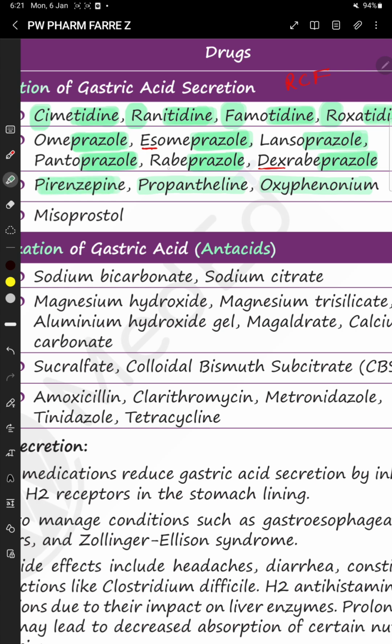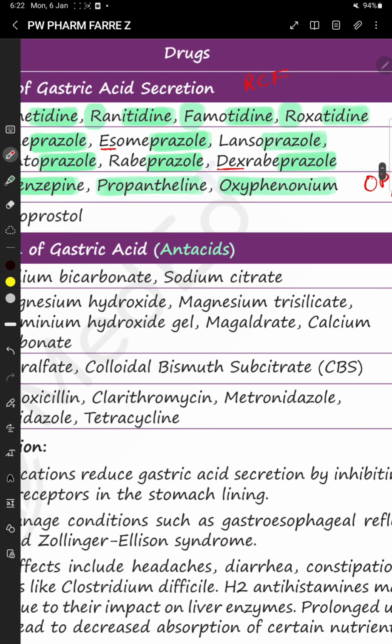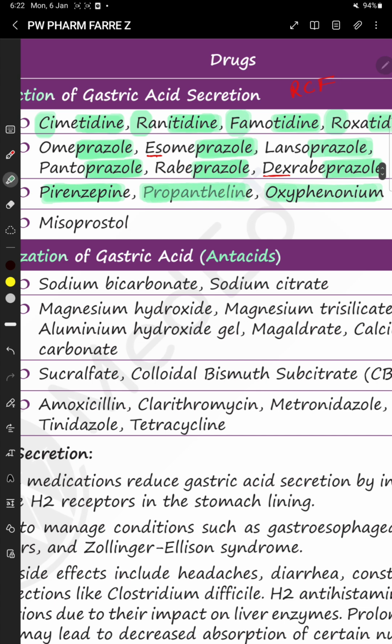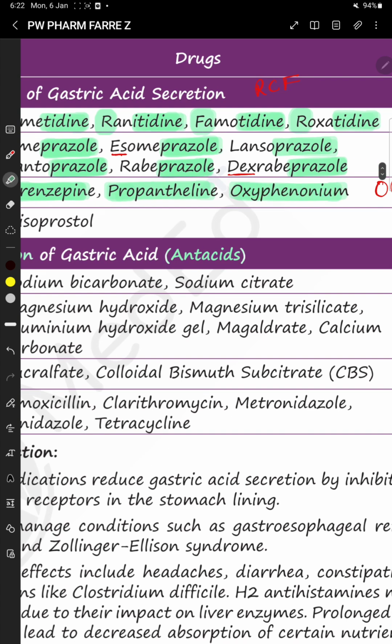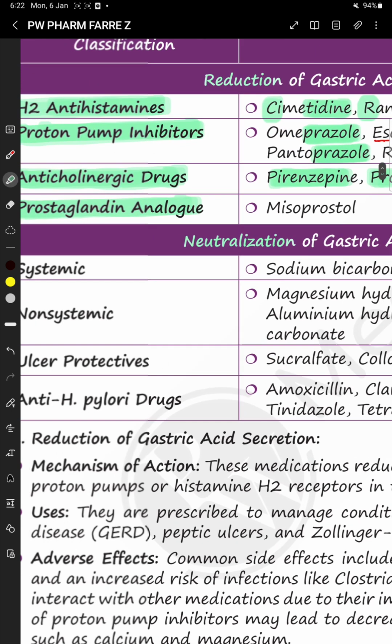There are two P's, pirenzepine and propantheline, and one O, oxyphenonium, so the mnemonic is OPP. The prostaglandin analog example is misoprostol.